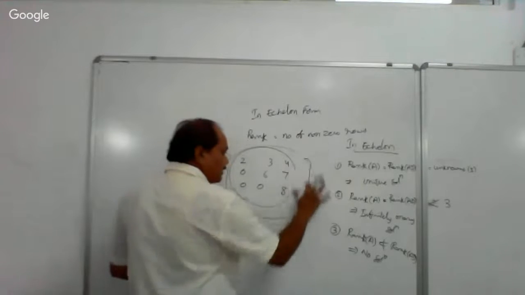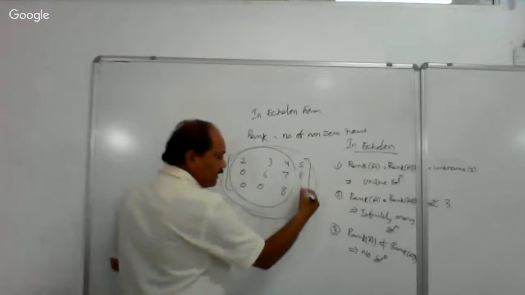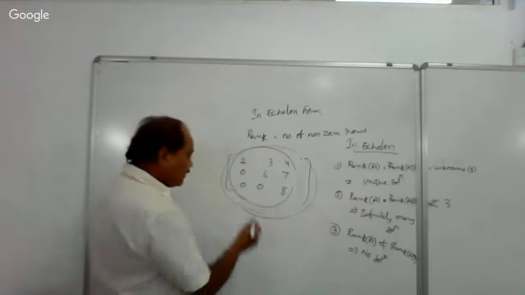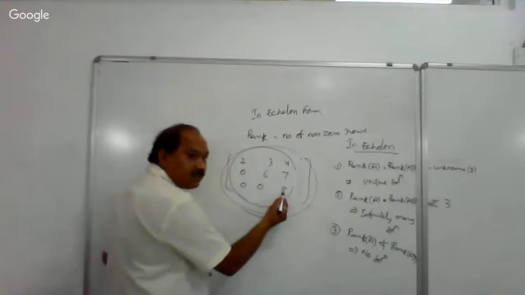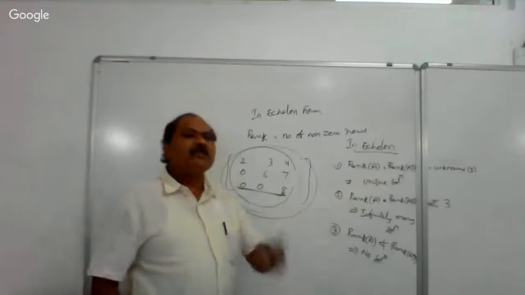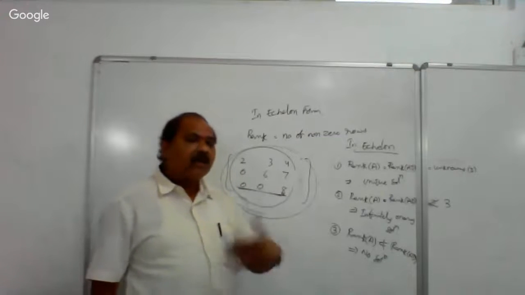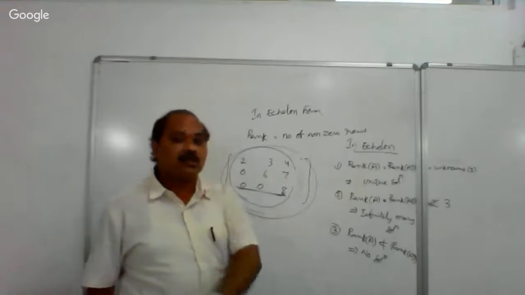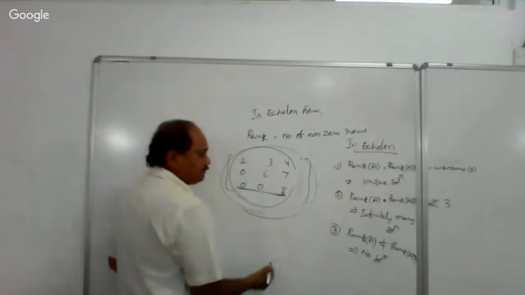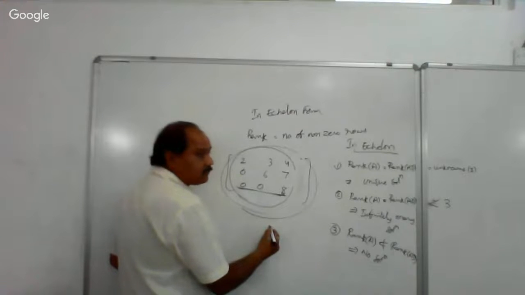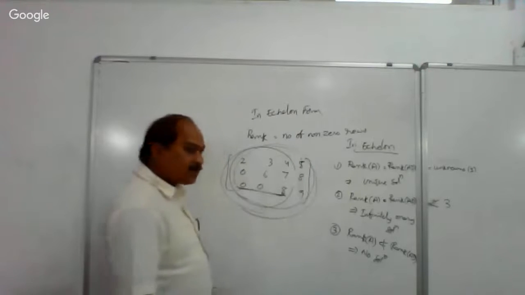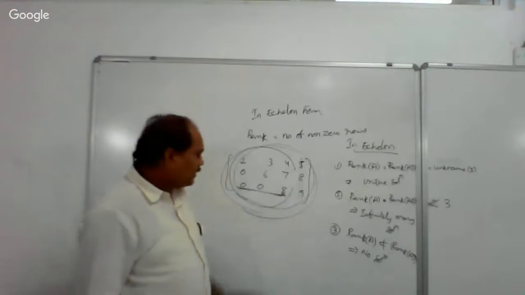If all are not zeros, then that is called a non-zero row. Here, how many non-zero rows are there? 3, so it has a unique solution. This is the augmented matrix, and here also there are 3 non-zero rows.